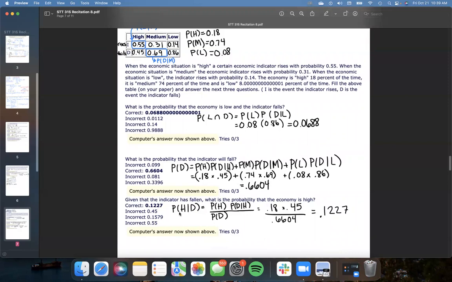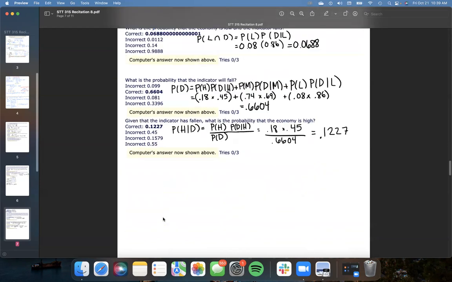That's H. So the probability of H given D equals the probability of H times the probability of D given H, divided by the probability of D. We know all those values. The probability of H is 0.18. The probability of D given H is 0.45. And the probability of D is 0.6604. So you plug and chug, and that's 0.1227.